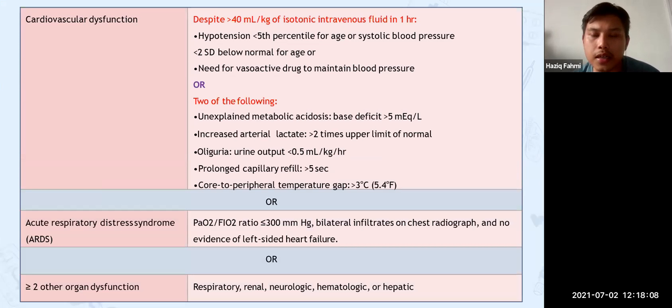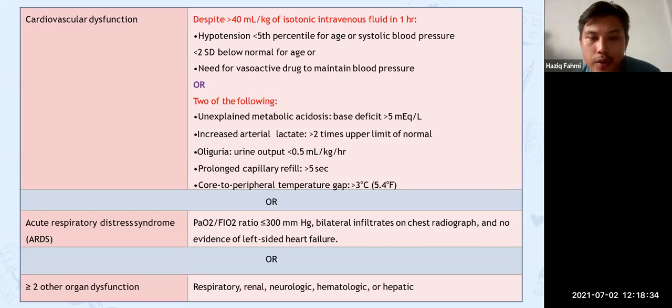These are the criteria or parameters that define each of these. For cardiovascular dysfunction, the criteria is hypotension or a need for vasoactive drug to maintain the blood pressure, or 2 of the following: for example, unexplained metabolic acidosis, increased lactate, oliguria, prolonged CRT, and core to peripheral temperature gap more than 3 Celsius.